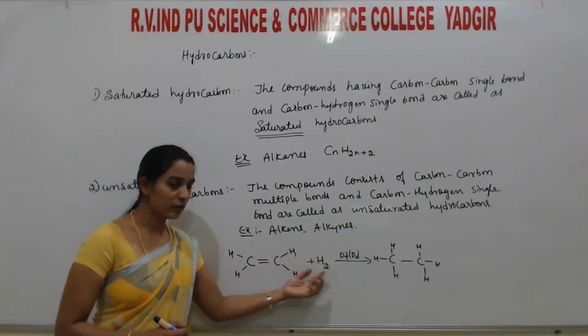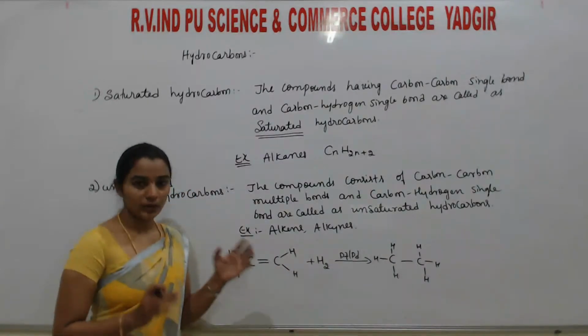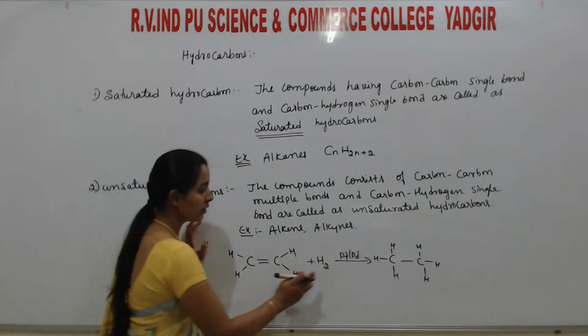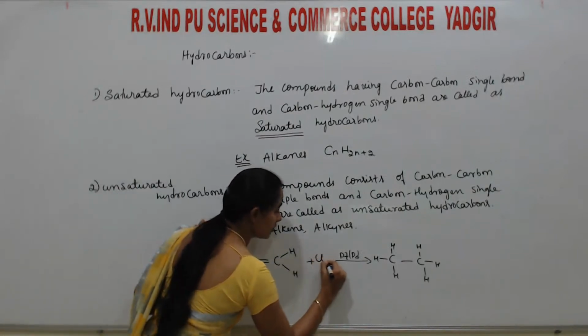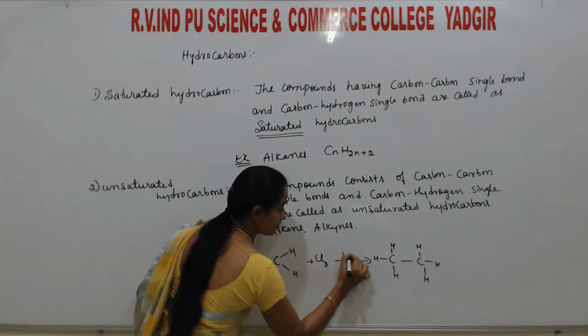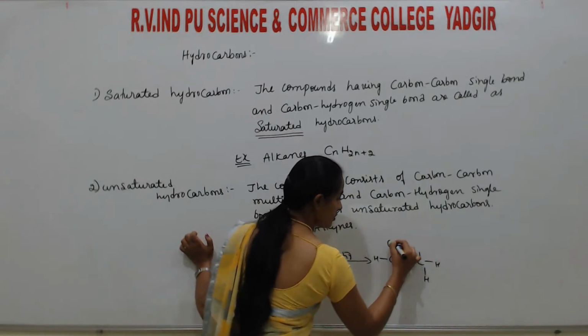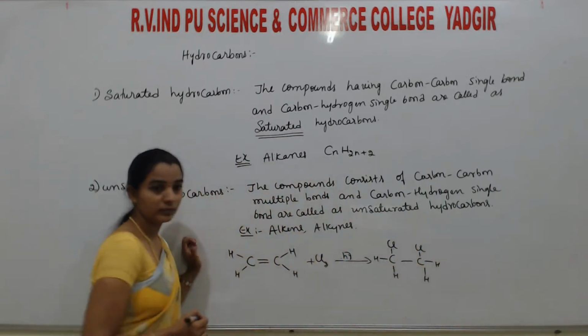If you take Cl2, both carbons will get Cl. Are you getting my words? So instead of H2, if you take Cl2 with sunlight, then Cl will be there instead of H.